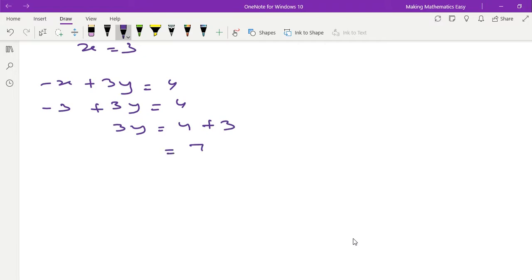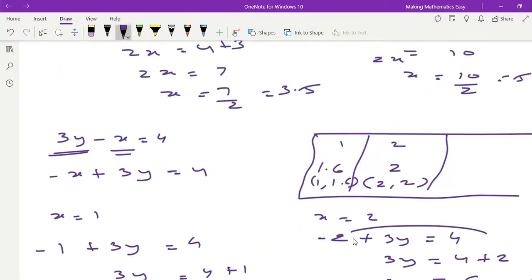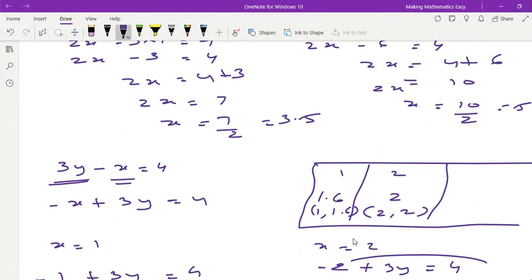This will be plus 3, so this will be 7. Y is equal to 7 divided by 3. So this will be 2.33 for y. Okay, so 3 comma 2.33, or simply 2.3 is sufficient.